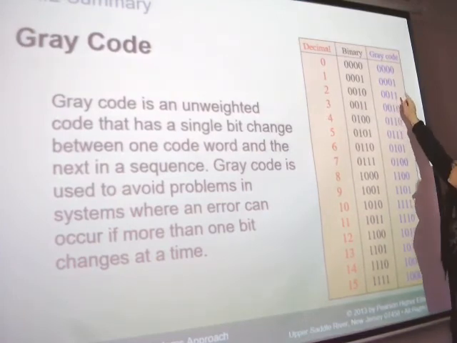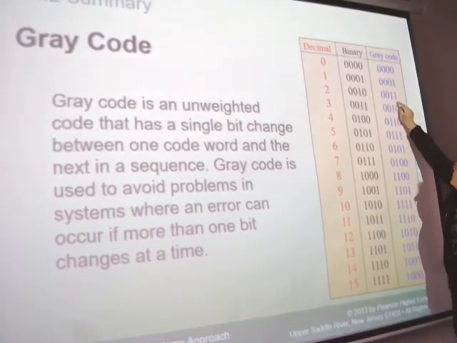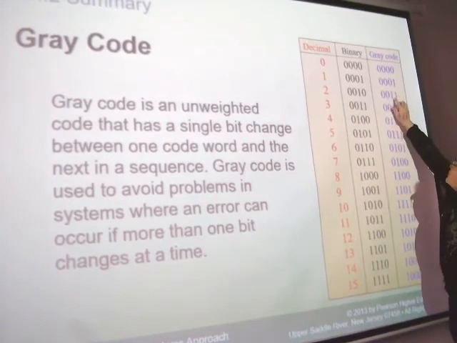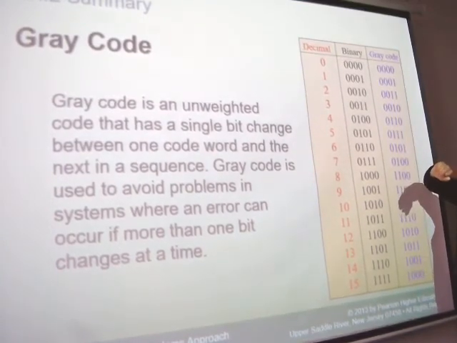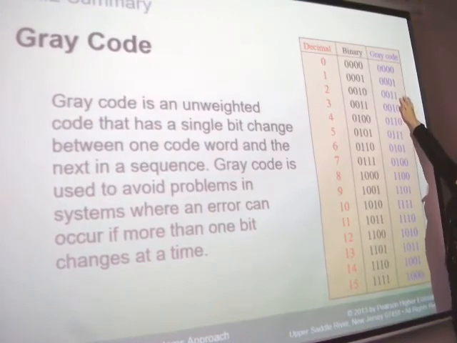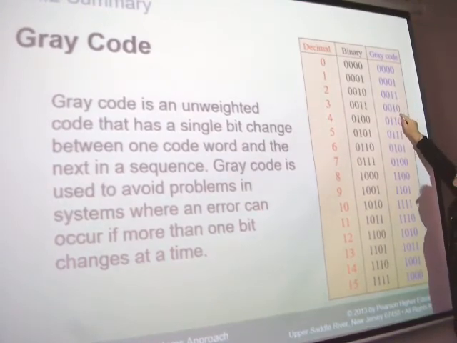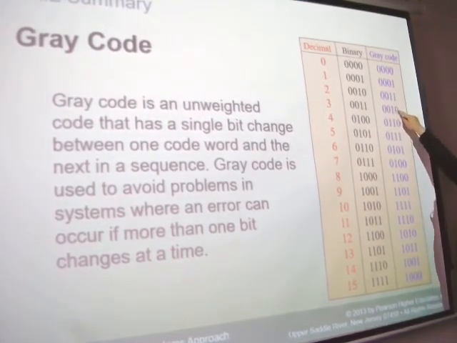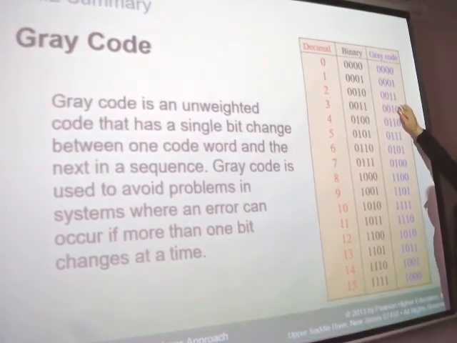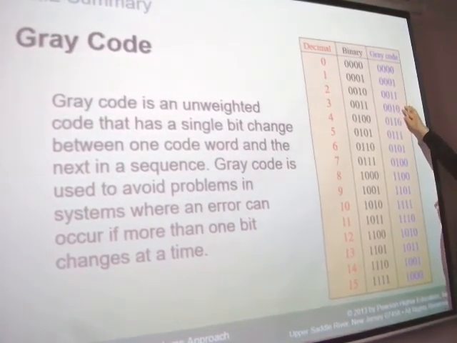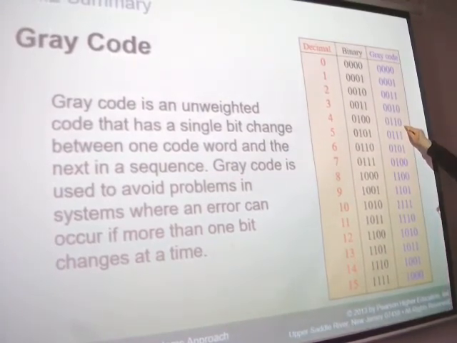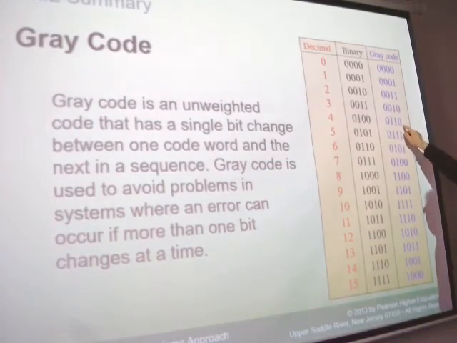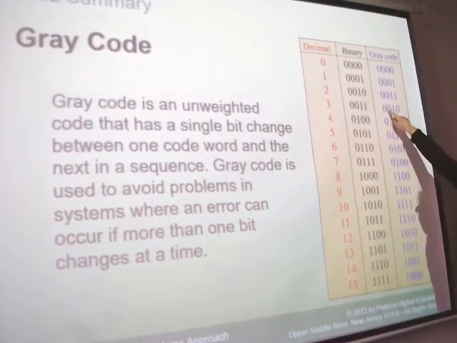The second and the third number, only the second bit is different. The third and the fourth number, only the first bit is different. And the fourth number and fifth number, only this bit is different.